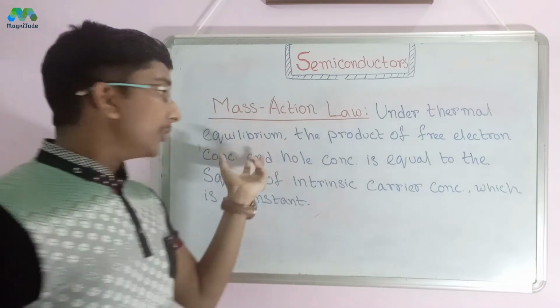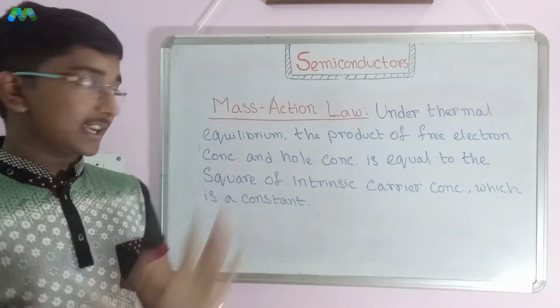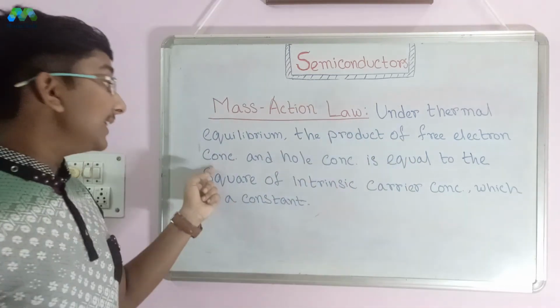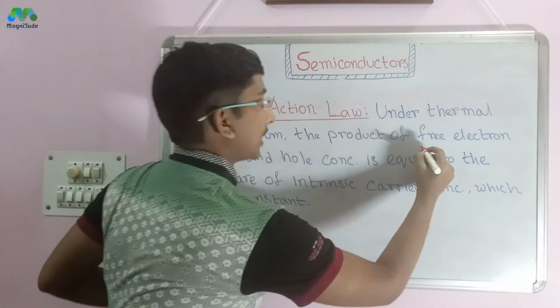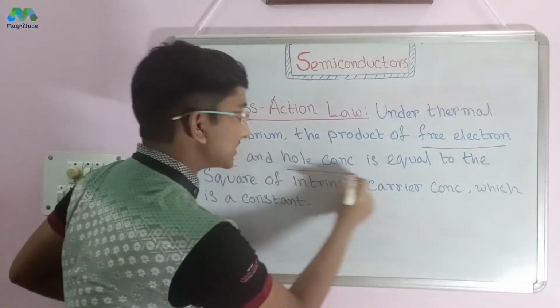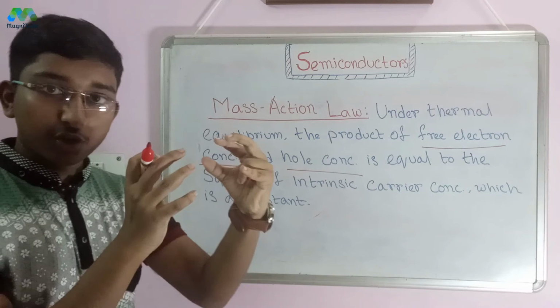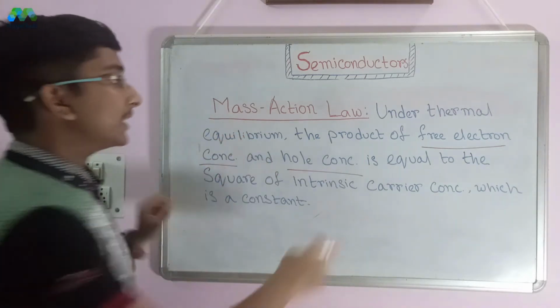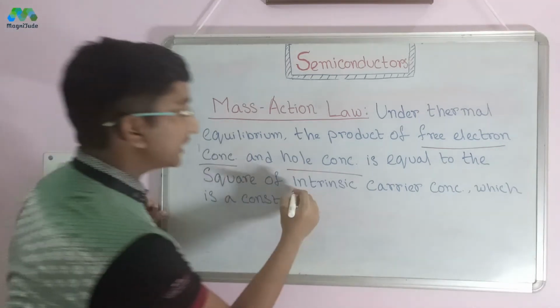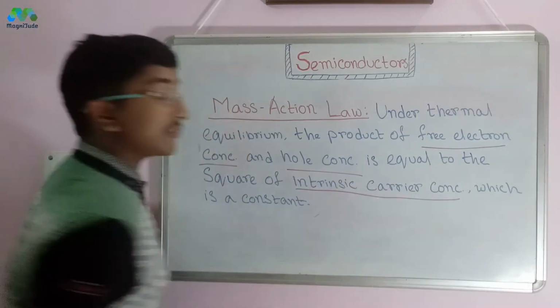Under thermal equilibrium, meaning when the temperature is constant, the product of the free electron concentration and the hole concentration is always equal to the square of the intrinsic carrier concentration.